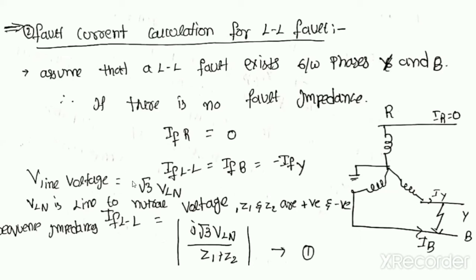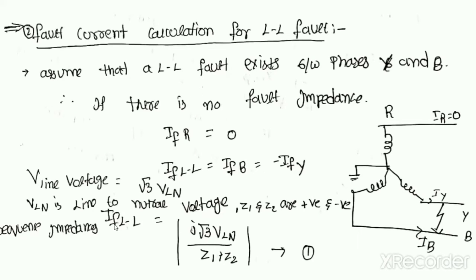The line voltage is equal to root 3 times VLN, where VLN is the line to neutral voltage, and Z1, Z2 are the positive and negative sequence impedances.